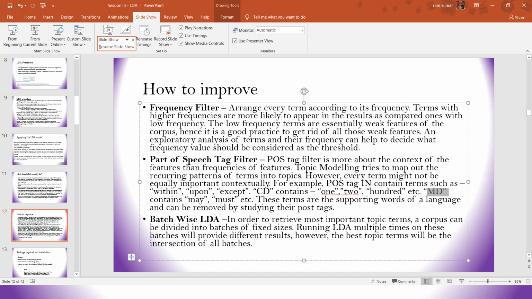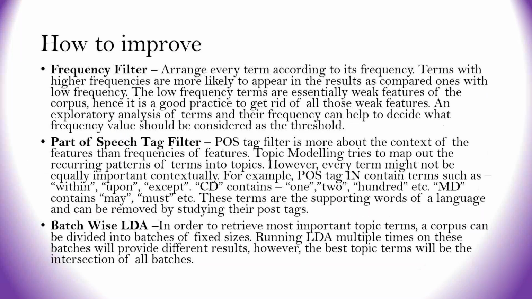Batch-wise LDA is about this: if you would like to retrieve more important topics or terms, you can divide the corpus into different sets of batches. Just as when we do sampling, 10 rows at a time or 100 rows at a time, similarly here you can fix how many topics you are going to apply per batch.